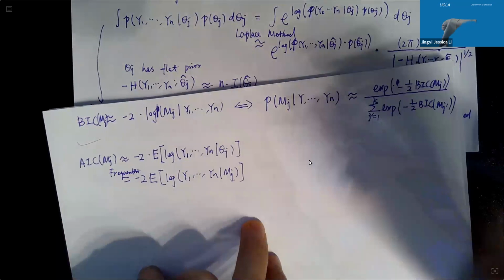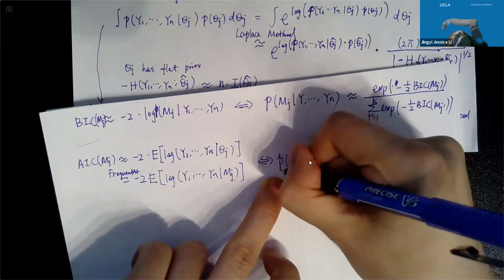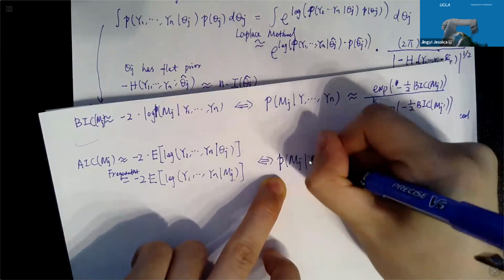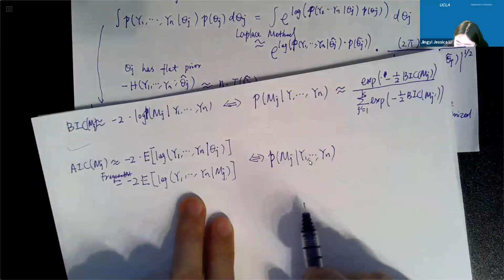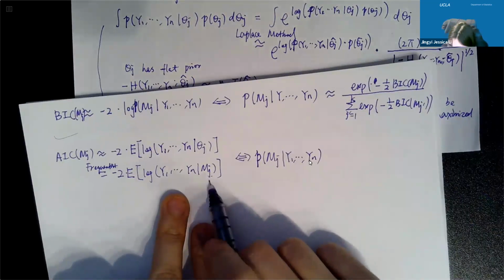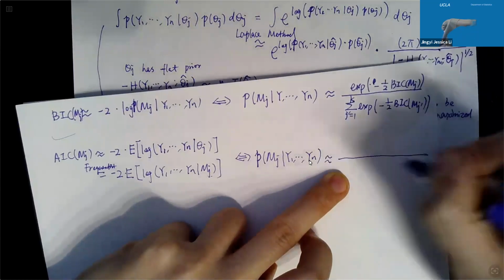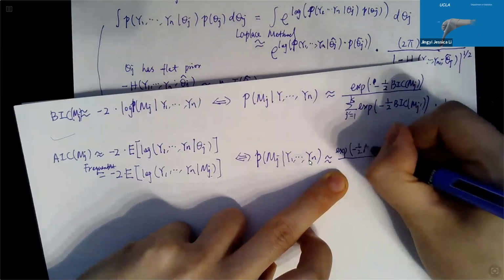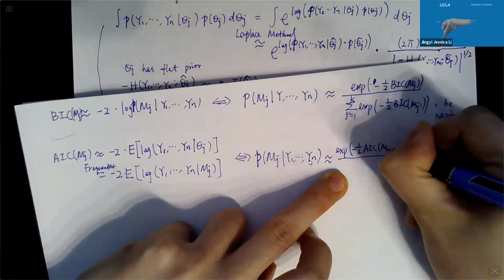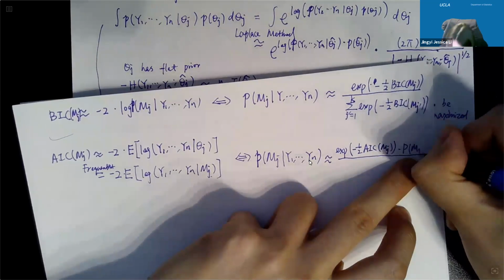So if we want to write this in terms of the posterior under the AIC, we have this interesting fact. We must consider the prior. We're not done yet. It should be approximately equal to the exponential of -1/2 AIC(M_j) times the prior of M_j, divided by the sum over j prime from 1 to capital K of exponential of -1/2 AIC(M_j prime) times the prior of M_j prime.